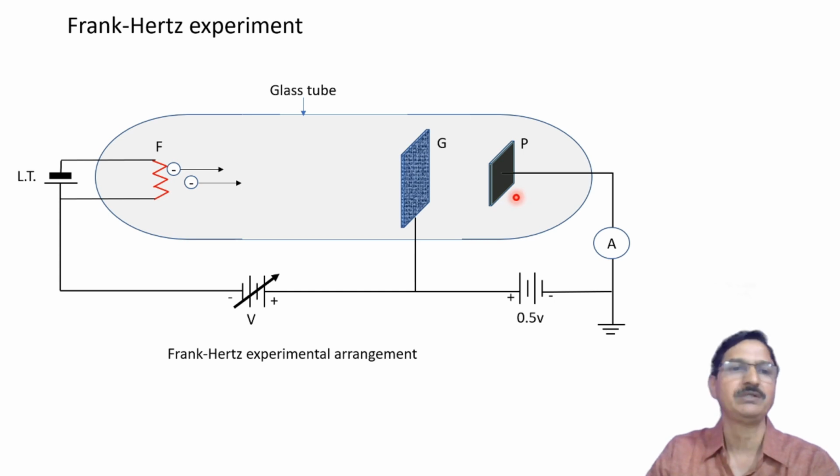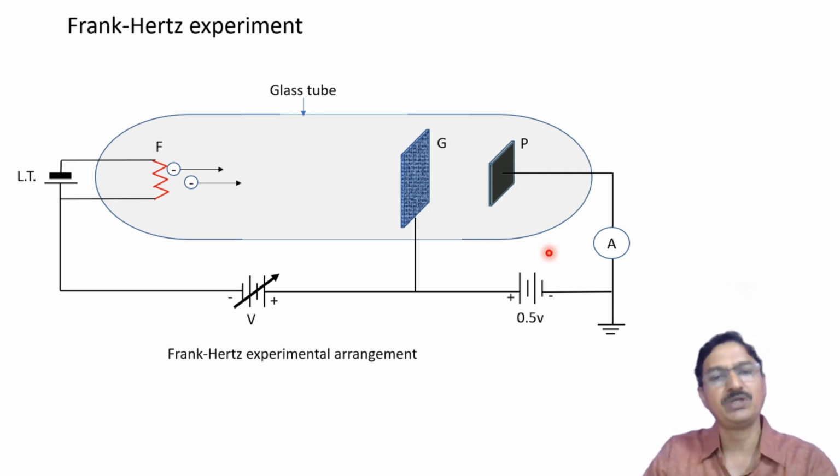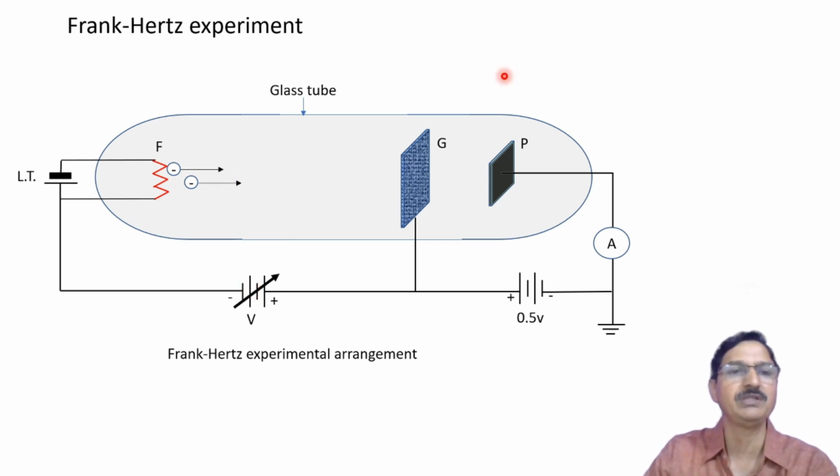But when we compare the voltage between this cathode and this plate P, it is an accelerating voltage. So here we have to understand that the accelerating voltage is applied between the cathode F and this grid G. This voltage is varied from 0 to 60 volts, and on the other hand, to measure the collector current or plate current, a current meter is used.